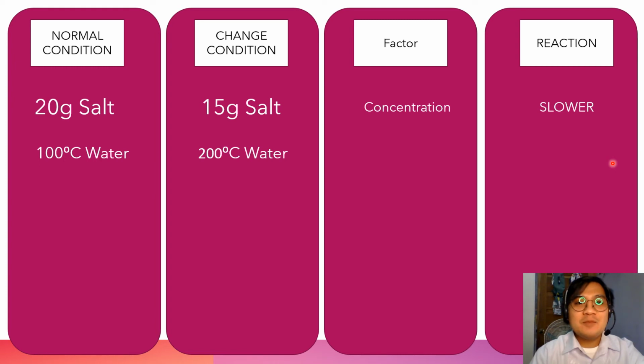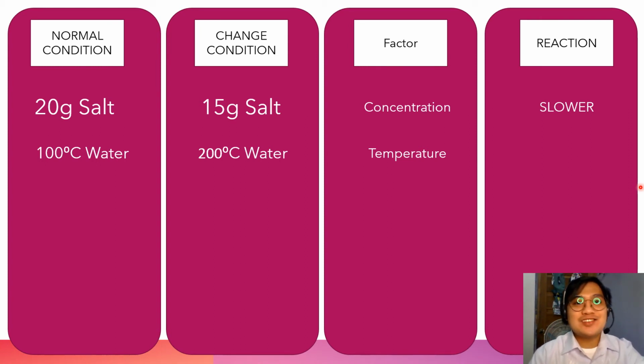Second item, we have 100 degrees Celsius of water and 200 degrees Celsius of water. This particular example is under the factor of temperature. What do you think is the reaction for this particular substance?